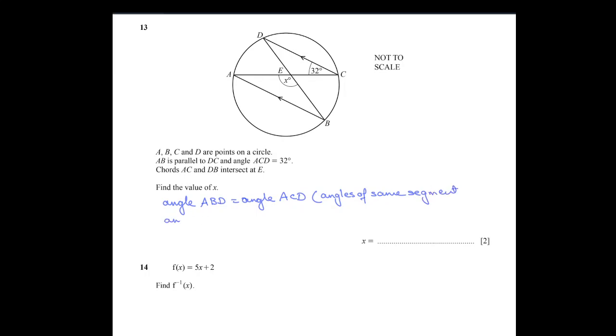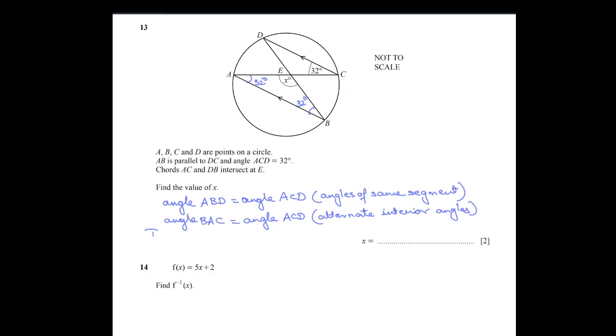Then angle BAC is equal to angle ACD because they are alternate interior angles, because the parallel lines are given to us. So now we know these two angles also have 32. So now we know this is 32, this is 32, 32, 32.